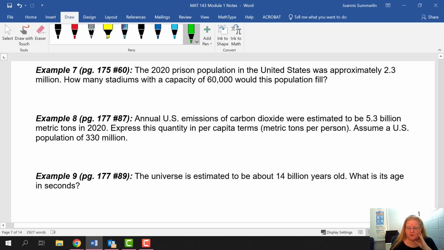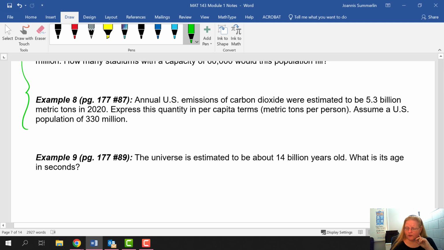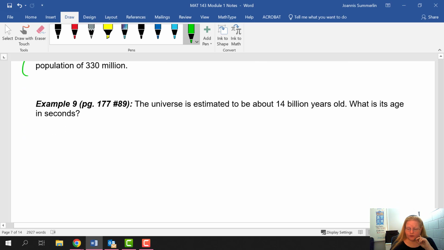Per capita terms means per person. Do 7 and 8, and they will also be in Blackboard. We're going to do 9 now, because it's a little different. Not a lot different, but a little different.